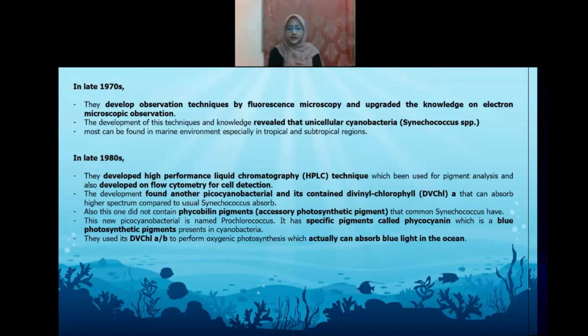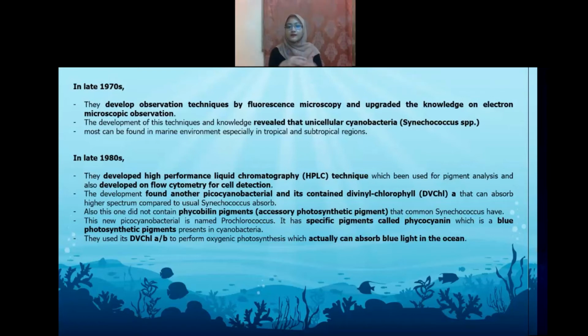In the late 1980s, scientists developed the high performance liquid chromatography (HPLC) technique, which is used for pigment analysis, and also developed flow cytometry for cell detection.